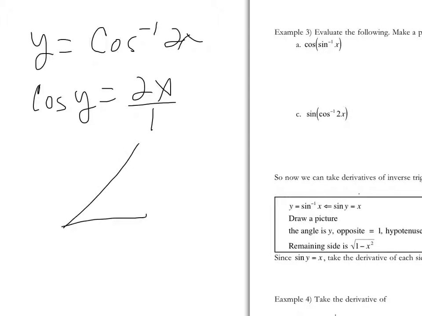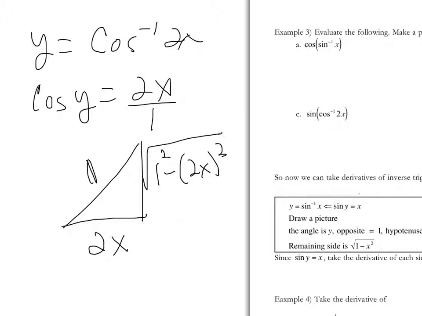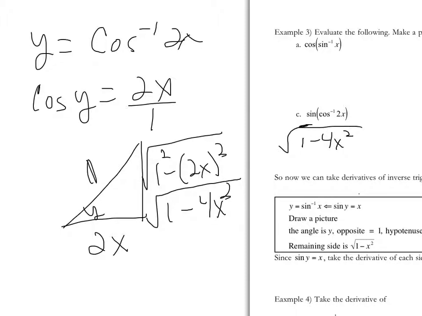So this triangle looks like this. 2x is the adjacent, 1 is the hypotenuse, and this will be the square root of 1 squared minus 2x squared. And now they're asking us to find the sine of that angle y that we introduced, so that's just going to be the opposite over the hypotenuse.